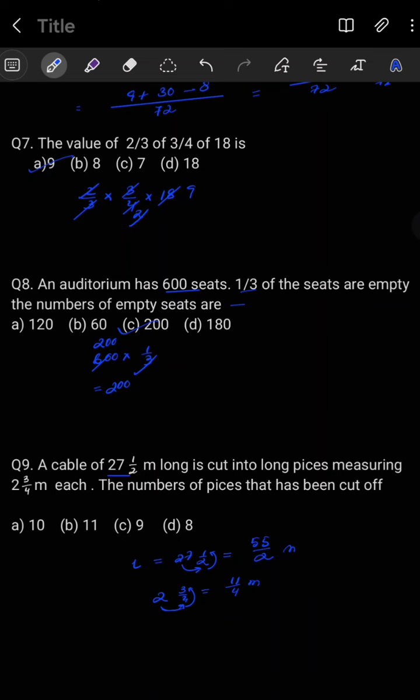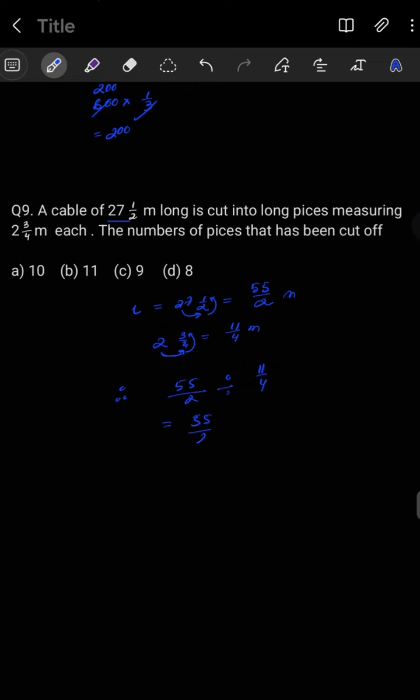Now what happens? If you are cutting into pieces, that means you have to divide. So you have to divide 55 upon 2 meter long by 11 upon 4. Now 55 upon 2, then the divide symbol you change to a multiplication symbol, and the fraction flips: the denominator becomes numerator and numerator becomes denominator.